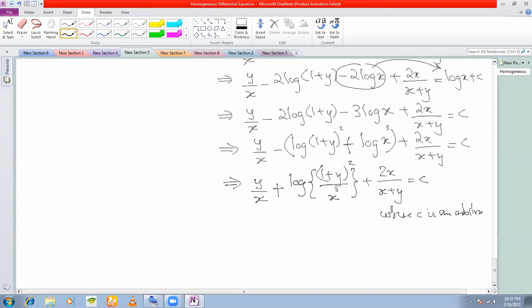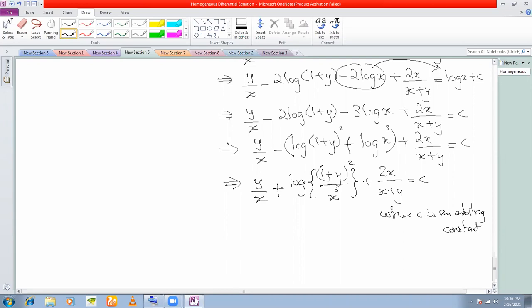Clear how to solve this equation? Always, whenever you see it is a homogeneous differential equation, always put y is equal to vx. So let us take one last homogeneous differential equation, and then you can go through the solved problems on this one.